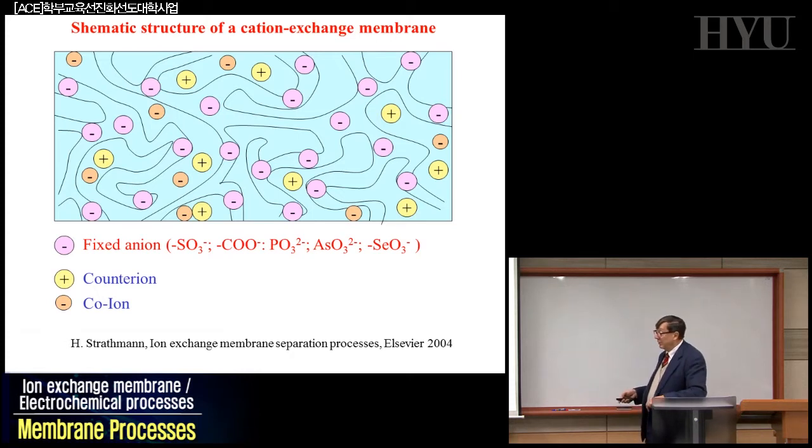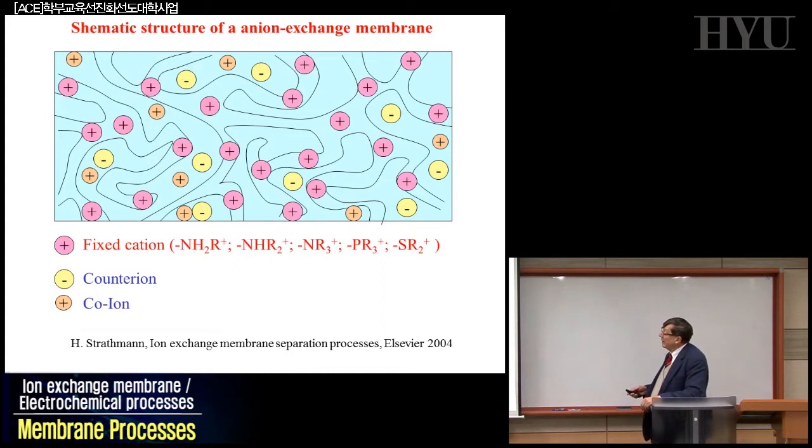The same cannot happen if a co-ion is trying to penetrate, because the charge is fixed and cannot move out. So we are violating the electroneutrality principle. So this is the basic understanding of the phenomenon, and exactly the previous one was a cation exchange membrane.